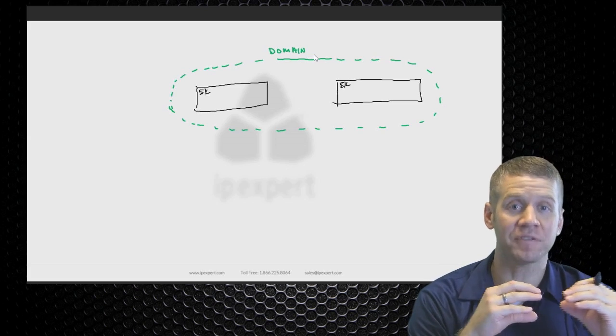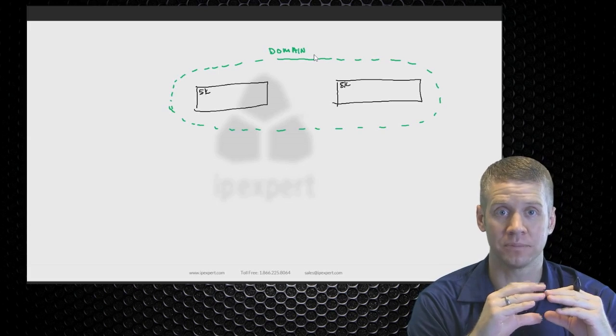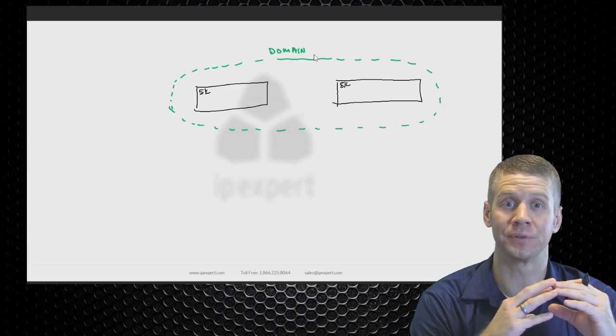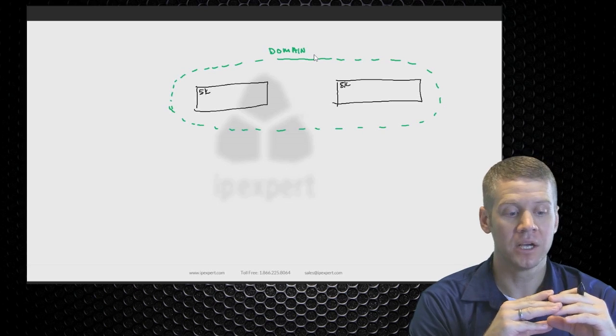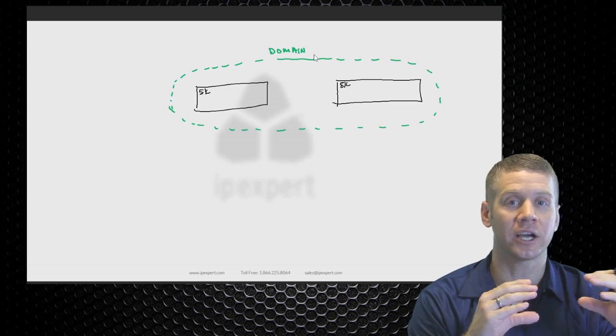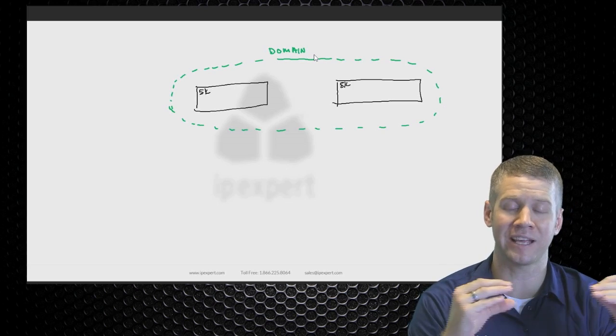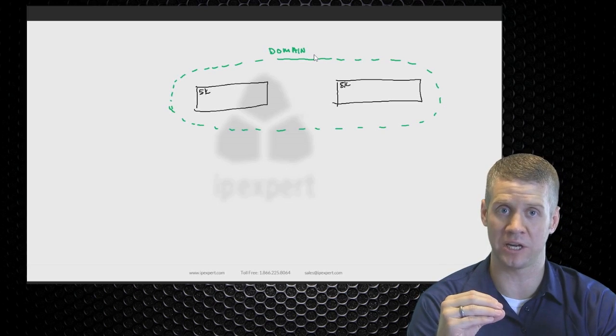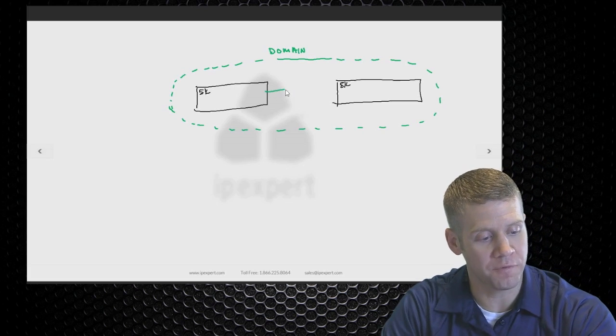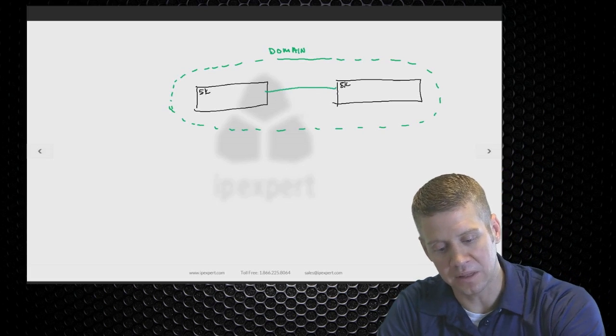Now, we do have to share some control information between these 2 switches that are going to form this VPC domain. So we have to simulate a control plane between these two switches so that they can pass these special messages between each other. That is going to be in the form of a peer link.